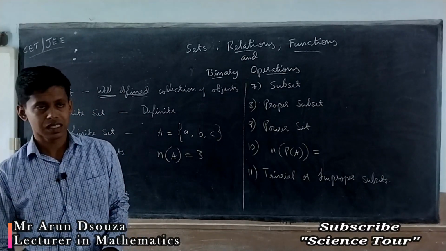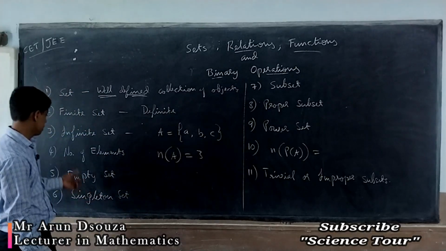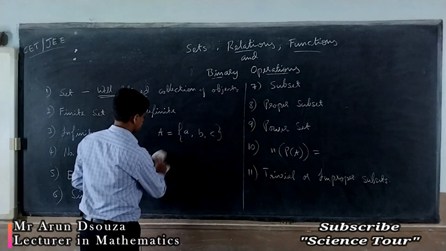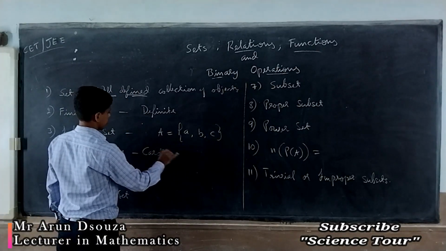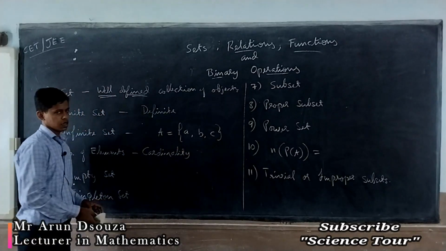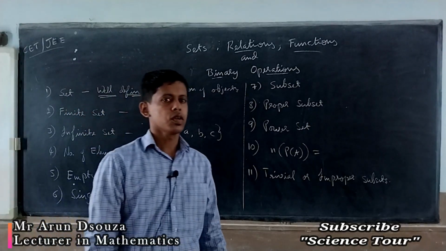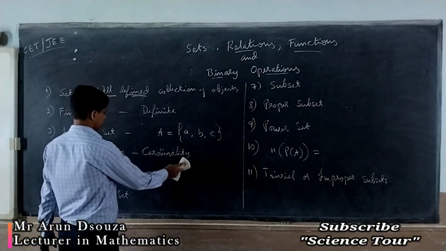That's the meaning. So that is number of elements. You can also say cardinality. Cardinal numbers are counting numbers. So cardinality, how many numbers are there? So that is about n of A.